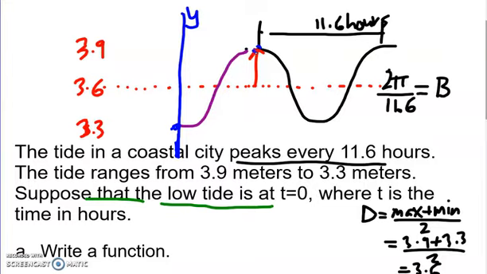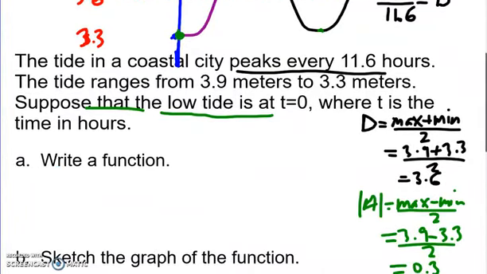Now that matches perfectly with a negative cosine. Remember, the positive cosine goes from peak down to a valley and then up to a peak. Well, now I'm dealing with a valley going up to a peak to a valley here. So negative cosine is going to be my best bet here, and I'm not going to have any kind of phase shift because my valley is perfectly at t equals 0.